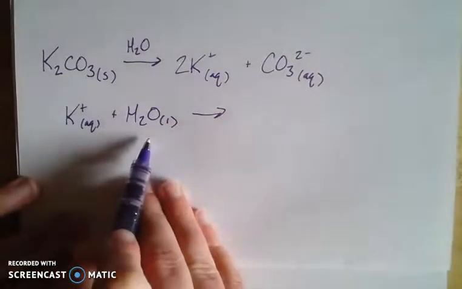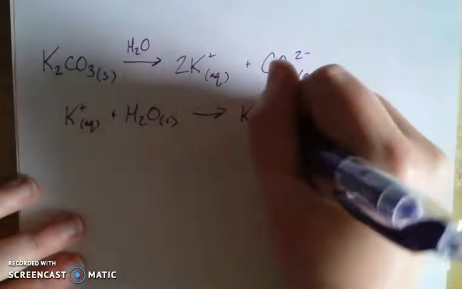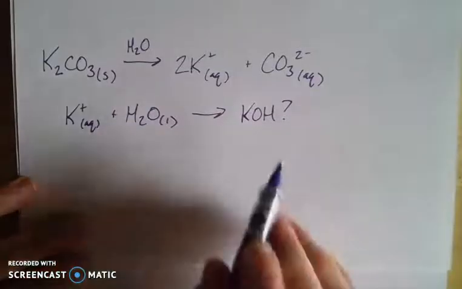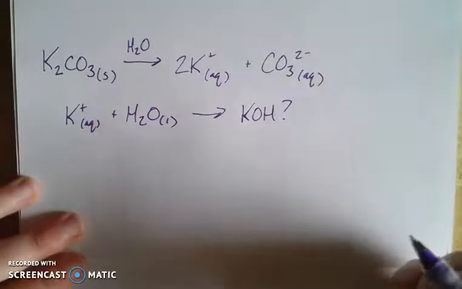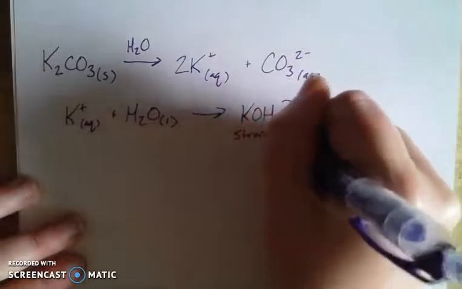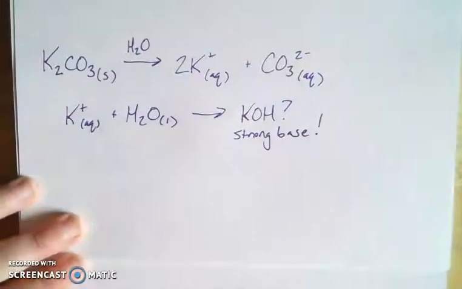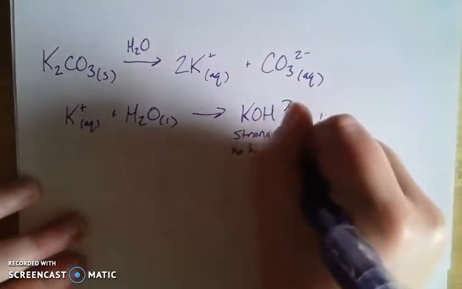Well, as we've seen with the other examples, a cation is going to take the hydroxide. So the question is, would potassium hydroxide form? And hopefully now you're thinking to yourself, well, what I need to know about potassium hydroxide is if it's a strong or a weak base. And what I know is that it's a strong base, because I know my patterns based on the periodic table. And so if it's a strong base, there's no hydrolysis.